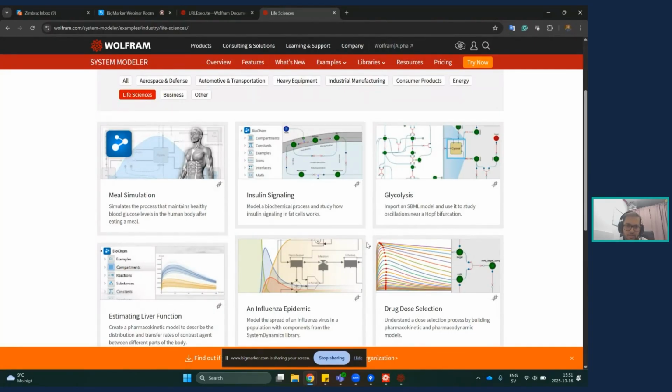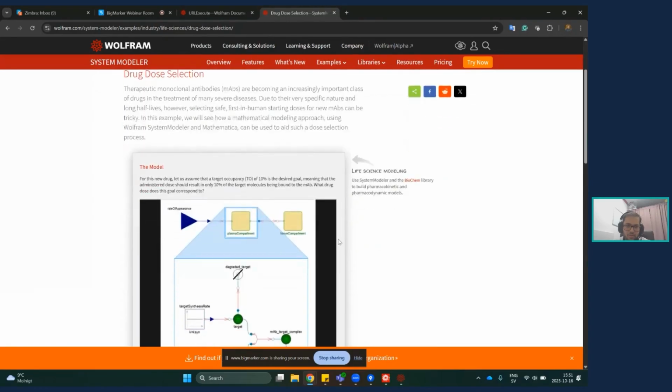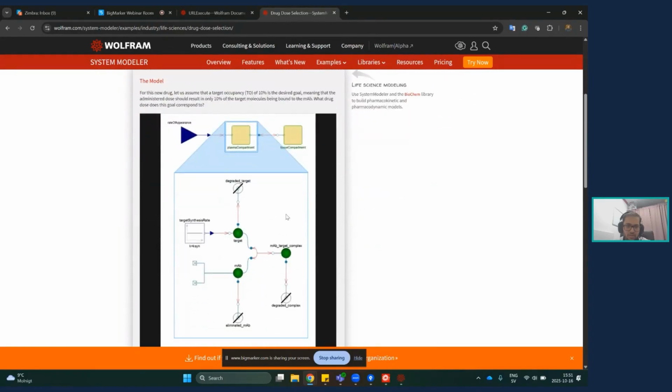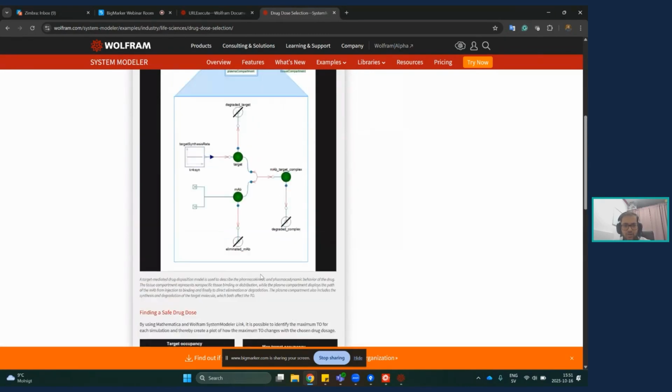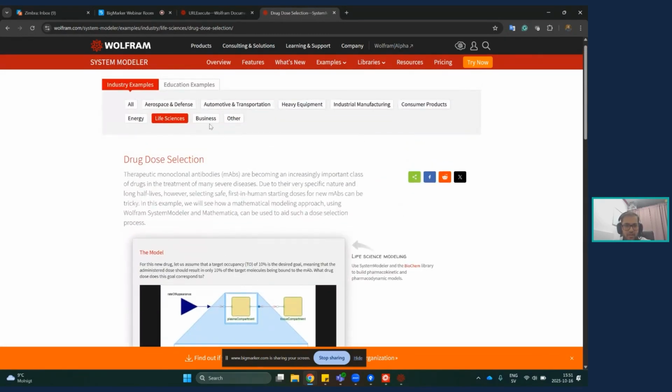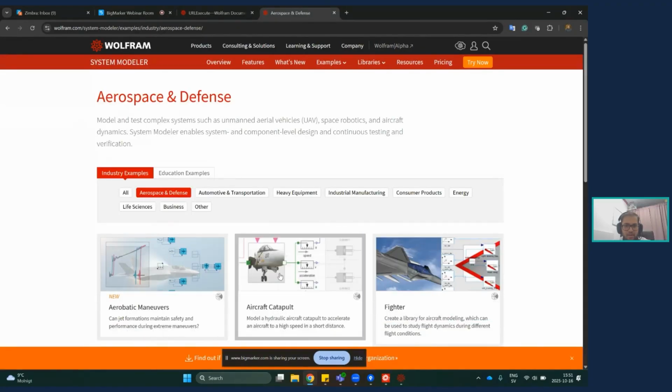If you go into one of those models, you find out what the different models are that are used, what the use case of those models was, and some of those models will also have downloadable examples.